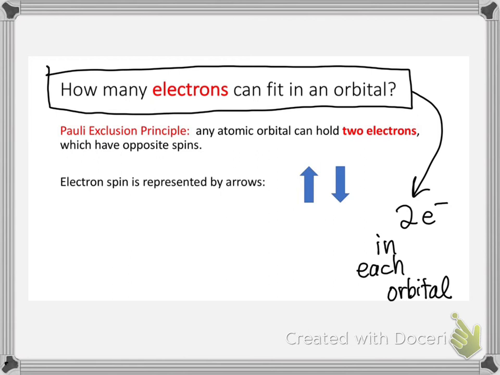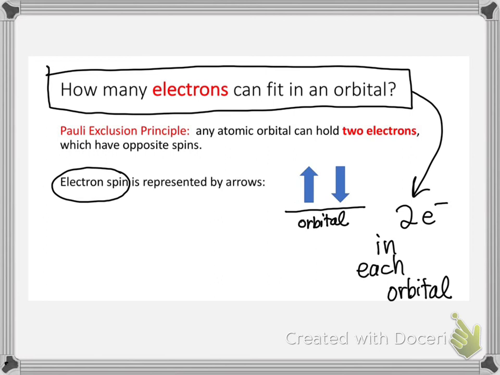We're going to do something with the electron spin here in just a little, I don't think today. We'll do it when we're doing the electron configurations. We'll do what's called an orbital diagram, and we'll come back to spin. But there's something called the Pauli exclusion principle, and if 2 electrons can fit, like if this was 1 orbital, every orbital, no matter what kind, can hold 2 electrons, and they have to go in what they call opposite spins.